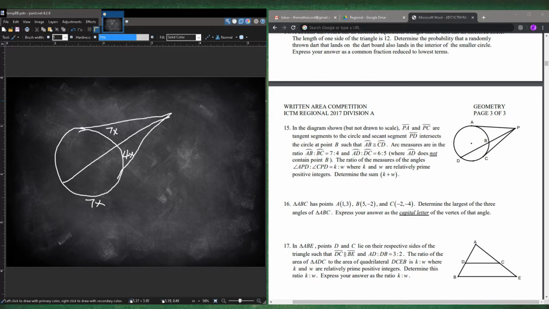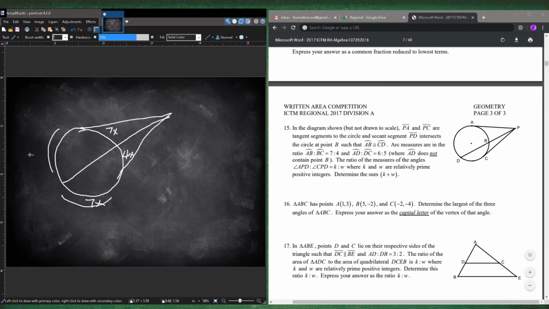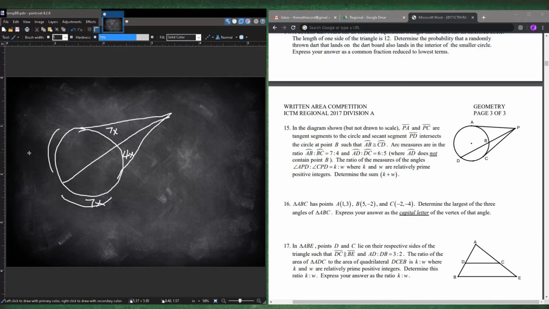And it also tells us that AD to DC is 6 to 5, right? So this side to this side the ratio is 6y to 5y, right?